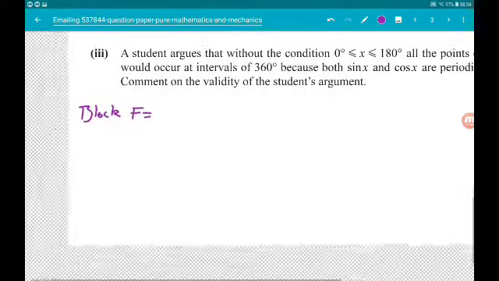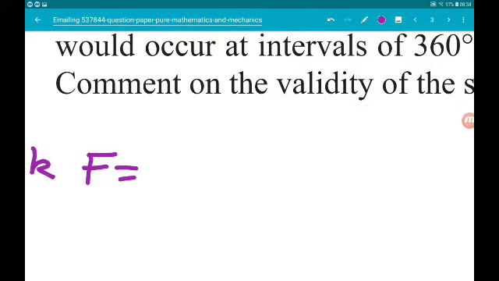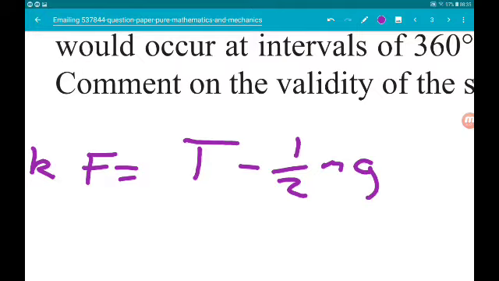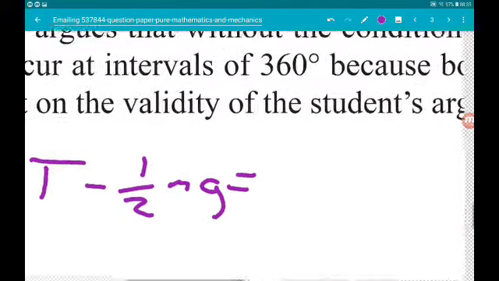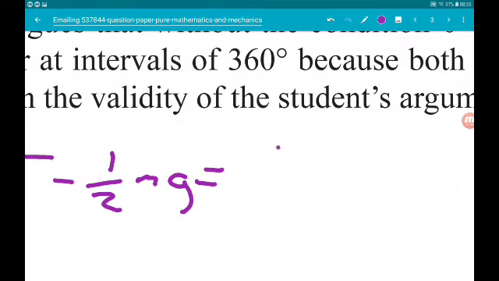So we can say that the tension minus the friction, so minus 1/2 mg, is equal to the mass of the block, 4m, times the acceleration.